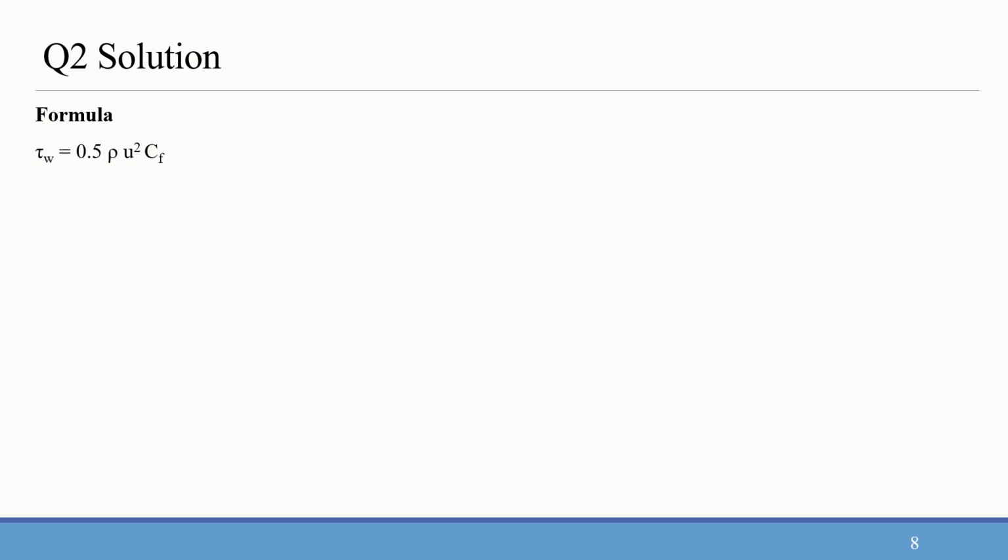But here for a flat plate, we can take Reynolds number less than 5 into 10 power 5 as laminar. So here it is 90,000. So we can take it as laminar. And so now we have to find Cf first. So tau w is equal to 0.5 into rho u square Cf.